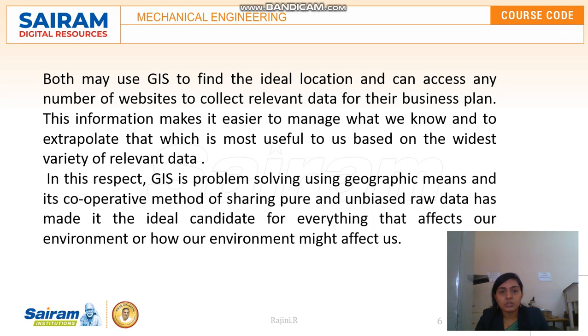In that case we definitely need to destroy some of the earth's surface, for example trees or buildings or monuments or any important buildings. That can also be easily measured by remote sensing methods and the geographical information system.